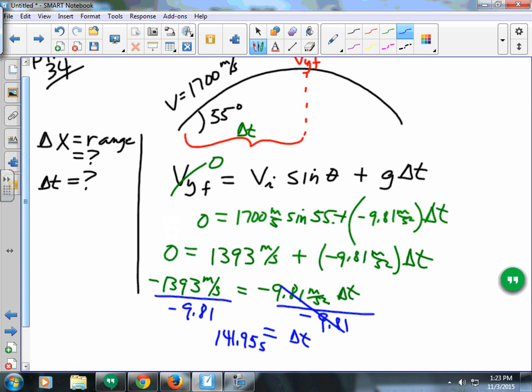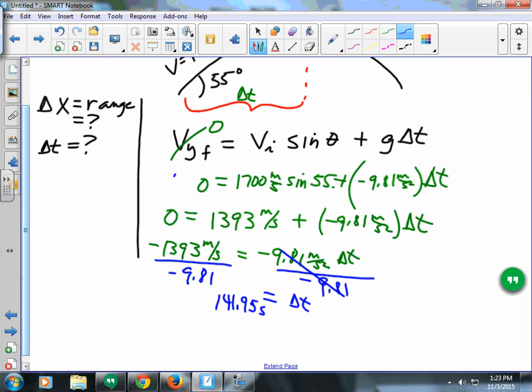Because remember, if Vy final is 0, the bullet's going to be right here. Now it's going to start coming down. This is the same time as this. So we need to double that time. And that would give us what, 284 seconds?